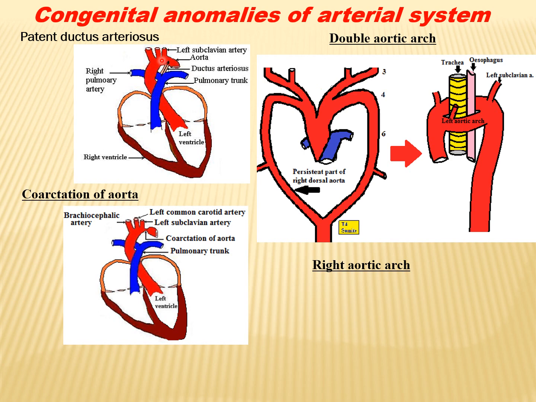Patent ductus arteriosus could result in problems for the baby, as the blood pressure in the aorta is higher than that of the pulmonary trunk, so blood can pass from the aorta of higher pressure to the pulmonary trunk of lower pressure. This reflects on the right side of the heart, causing right-sided heart failure, and might also reflect on the two lungs, causing pulmonary congestion.